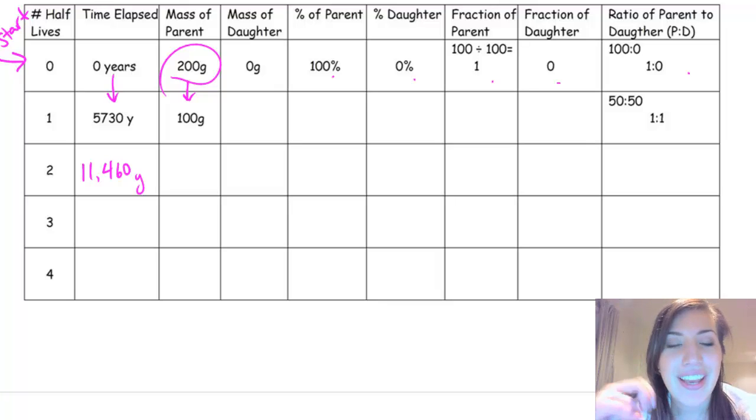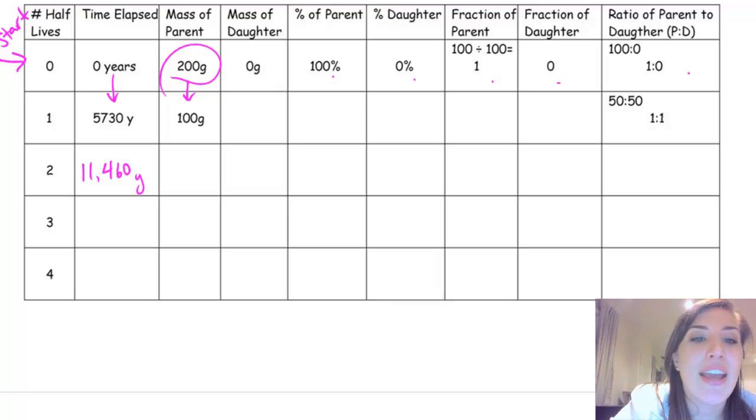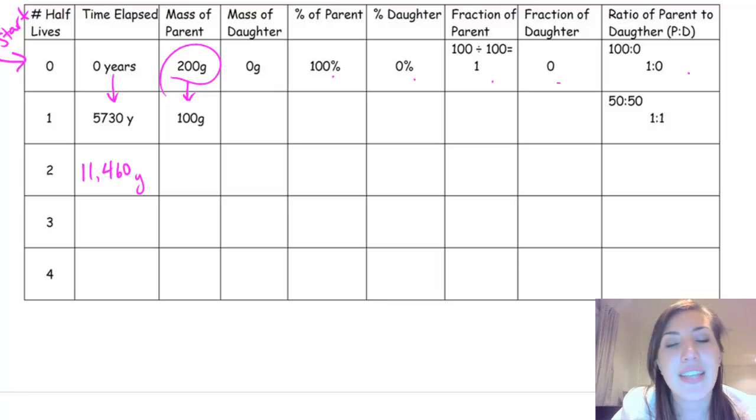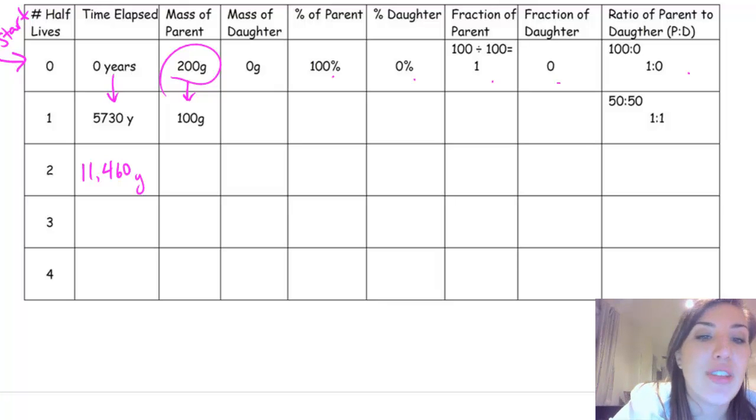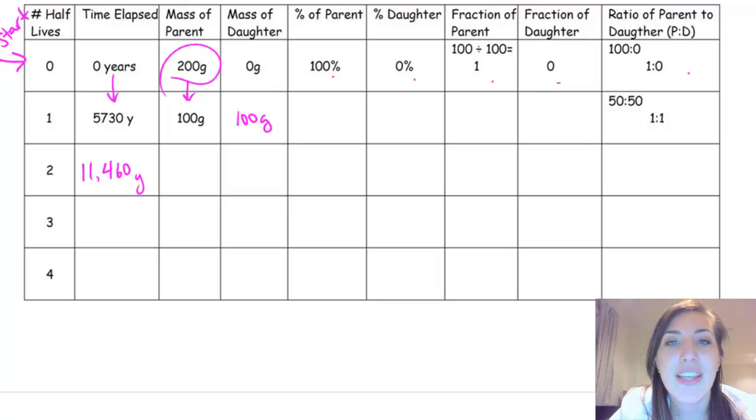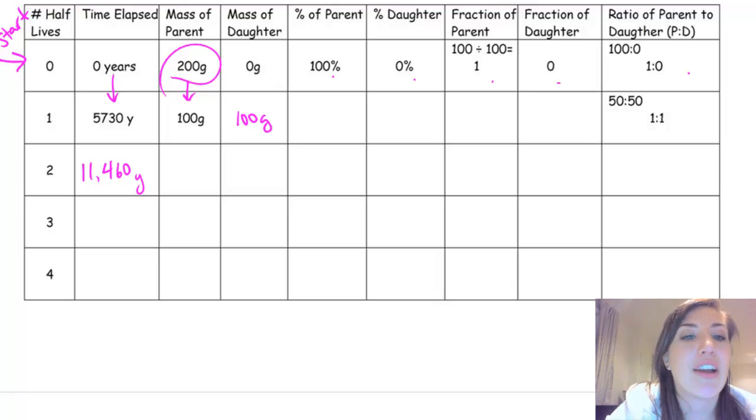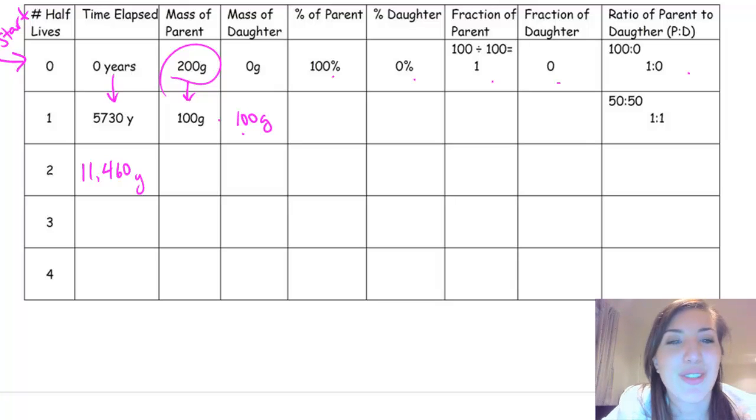So 200 divided by 2 is 100 grams. And we need the grams to stay the same. It's just going to change what it is. So that means we're also going to have 100 grams of the daughter isotope, the nitrogen-14, because now we have 100 plus 100 equals 200, and that's the same as the mass that we started with.